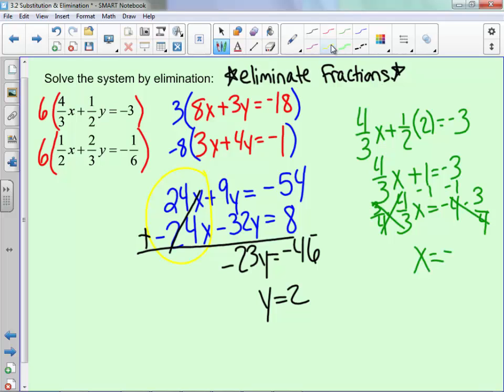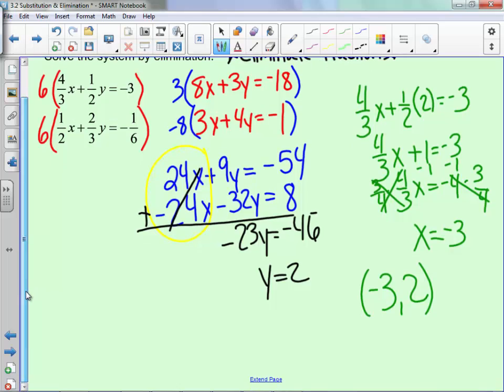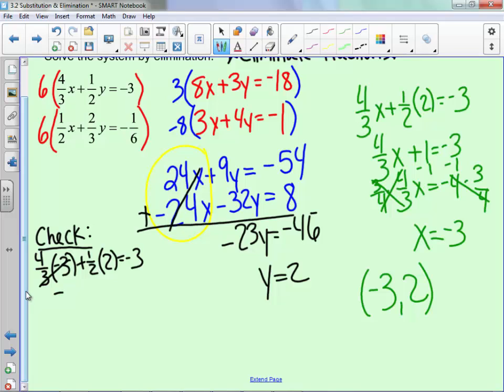Our 4's will cancel. We're left with negative 3. Remember, though, we do need to check our work. Negative 4 plus 1 is negative 3.